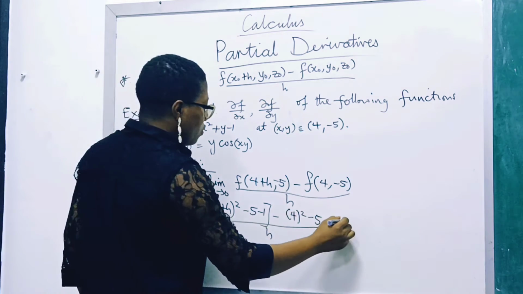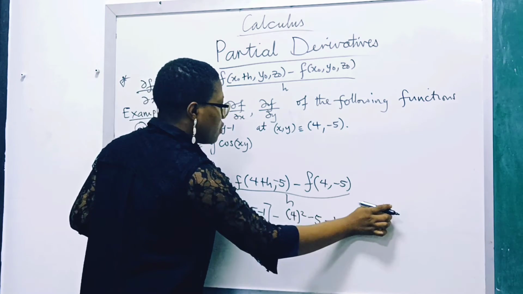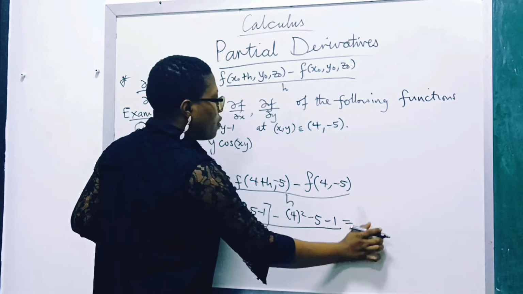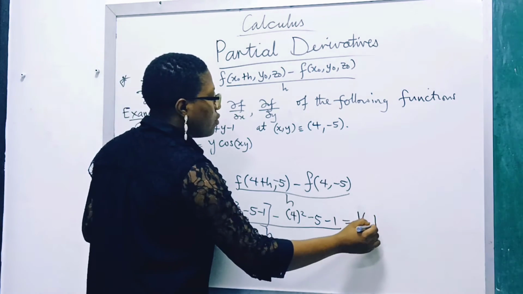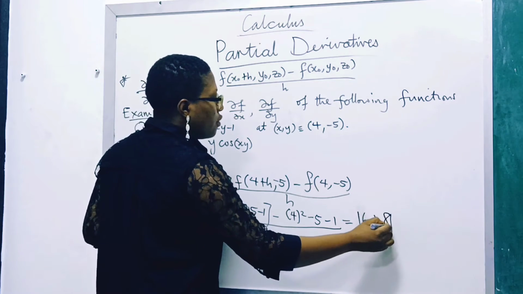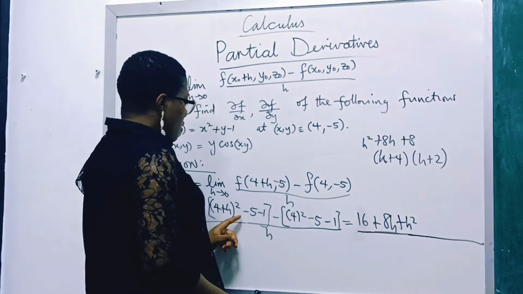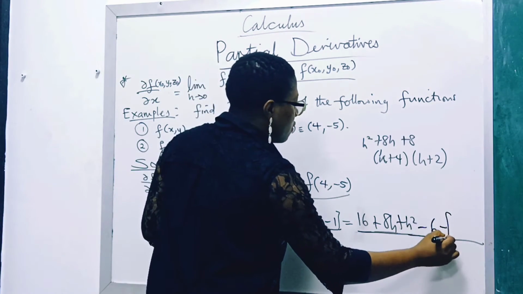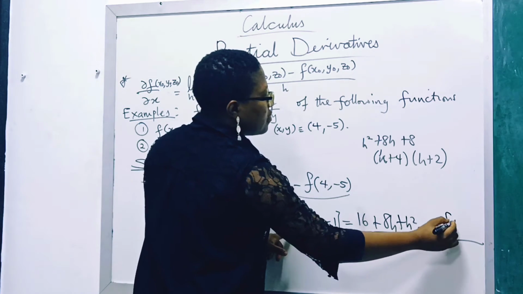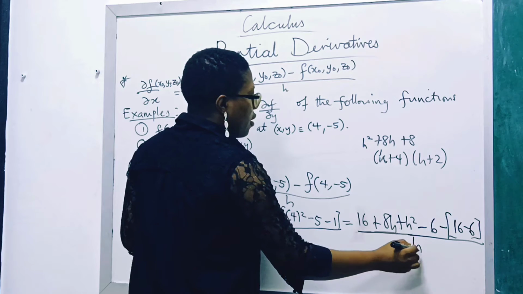So this is equal to 4 squared, which is 16, plus 8h plus h squared, minus 6, minus, into brackets, 4 squared is 16, minus 6, all over h.